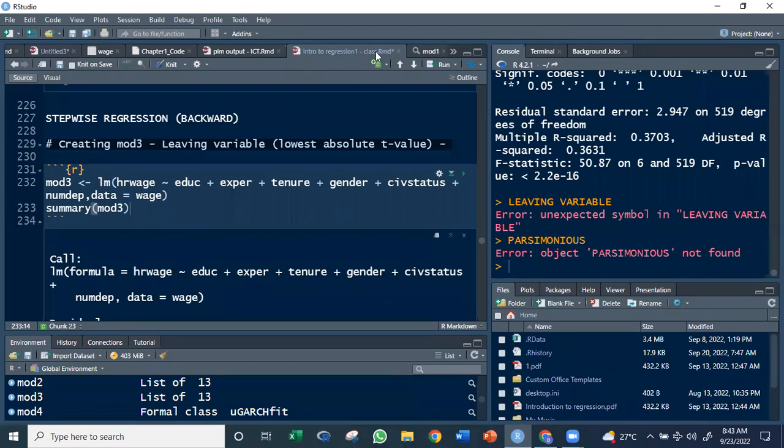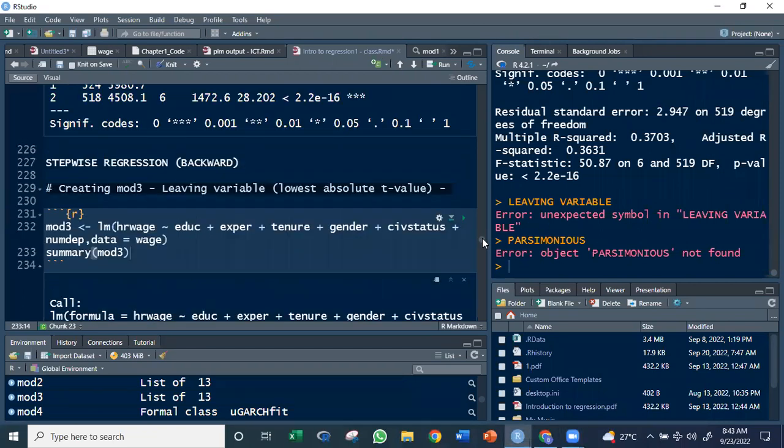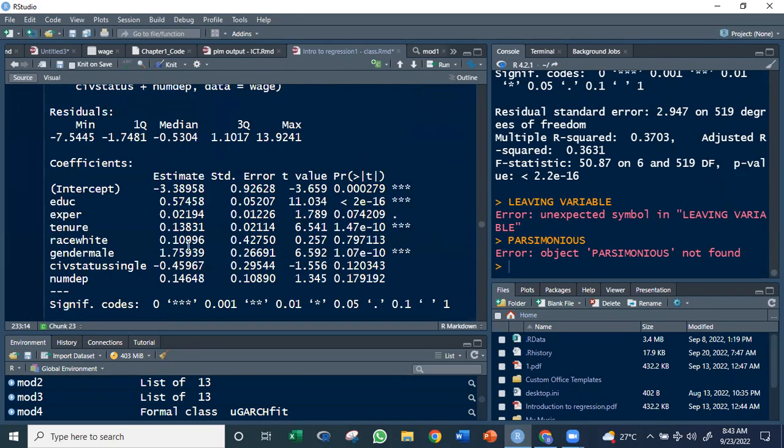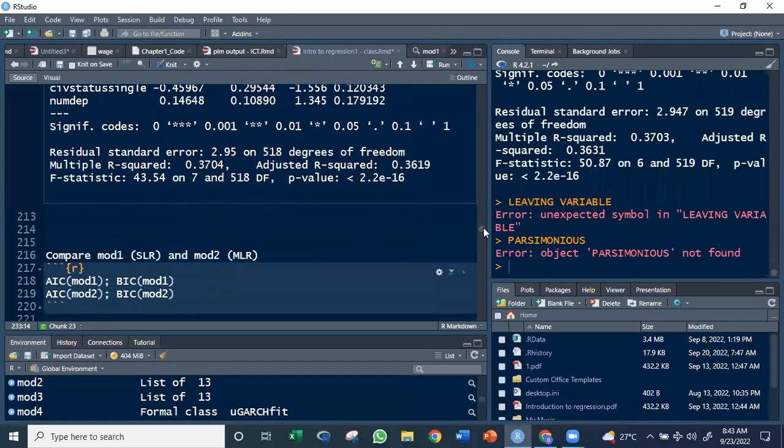Siya yung pinaka-least na contributor sa pag-explain kay hourly wage based on the t-value. Race white 0.257 lang siya. Okay? In fact, the p-value niya is the least significant, 0.797.